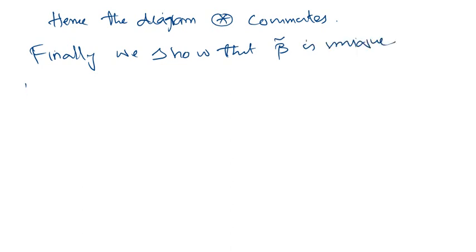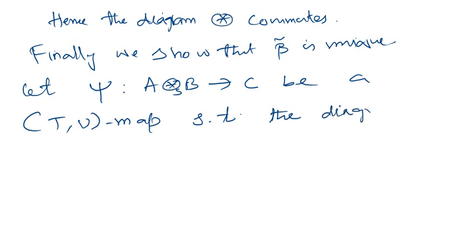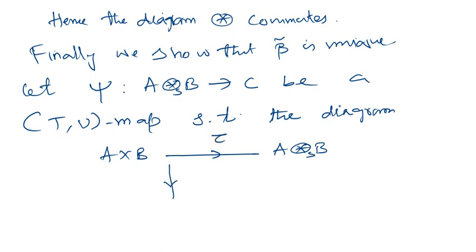So let psi be another map from A tensor B over S to C, a TU map, such that the diagram commutes: A tensor B over S, this is tau natural, this is beta for C, and we have another map psi such that this diagram commutes.